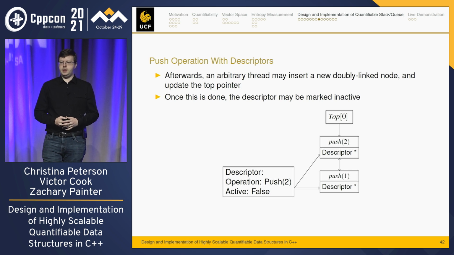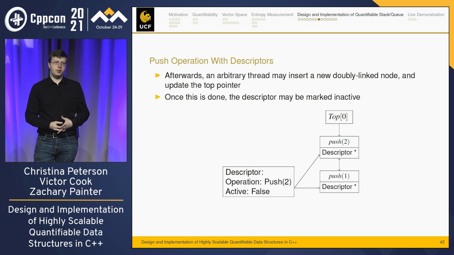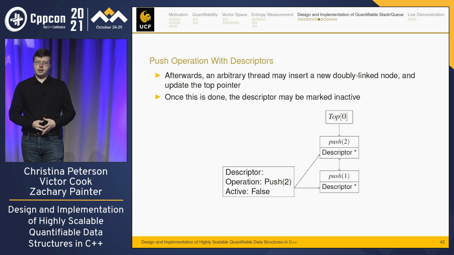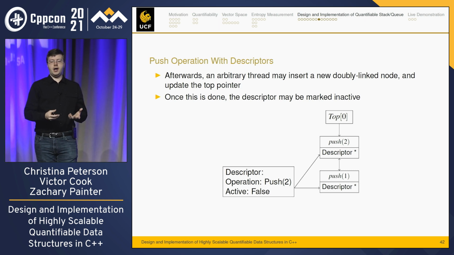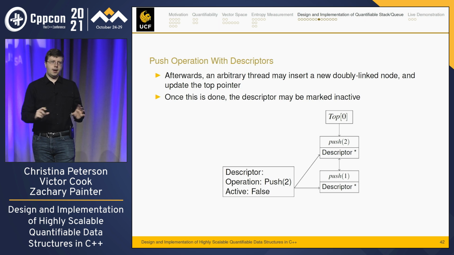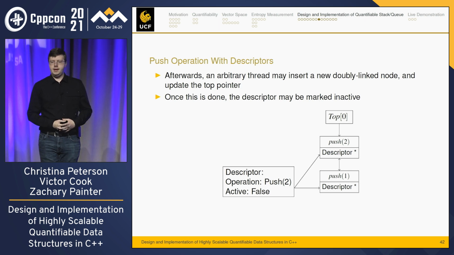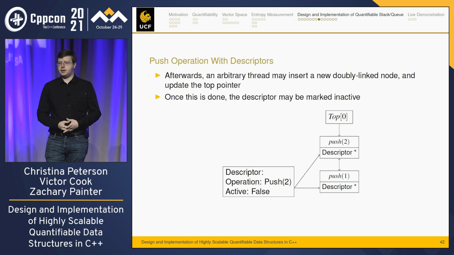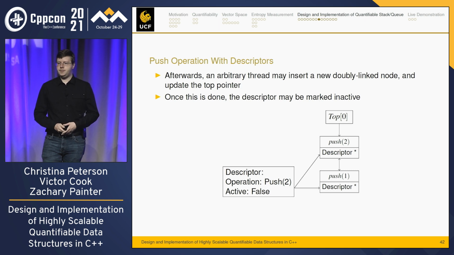The operation is complete once the node is pushed and all the fields are updated. So we just set the active field in the descriptor to false, and this in one atomic step makes the entire operation complete, and that allows other threads to then go in and start doing whatever operations they want.